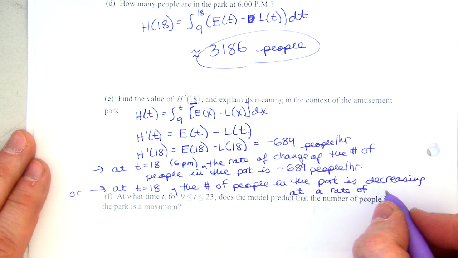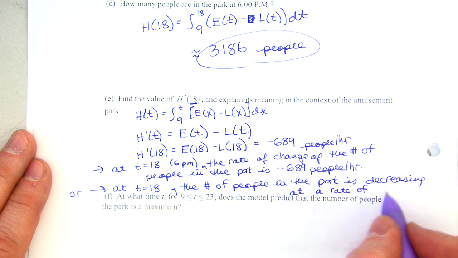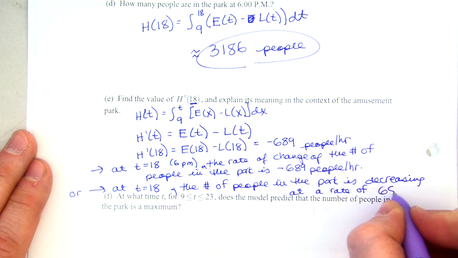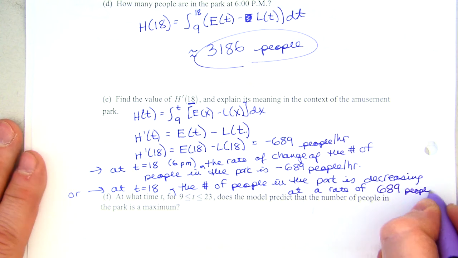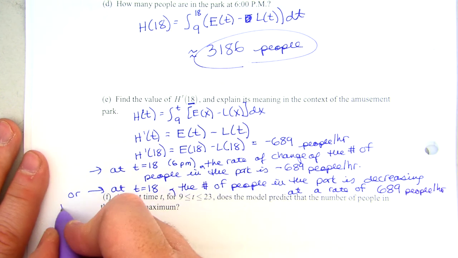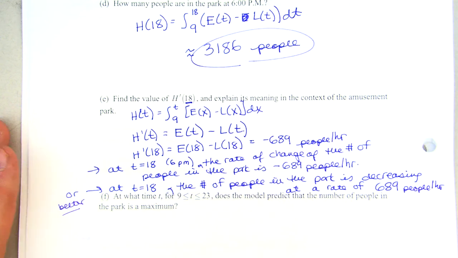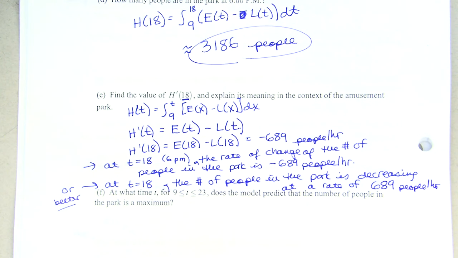We accounted for the decreasing with the language, so I don't need to include it again, otherwise decreasing by a negative really means increasing. People per hour. I think that second version is probably the better explanation, but either of them would have been okay. At t equals 18, the rate of change of the number of people in the park is negative 689 people per hour. It kind of seems weird, though, to say a rate is negative. Better to say the number of people in the park decreasing at a rate of that.